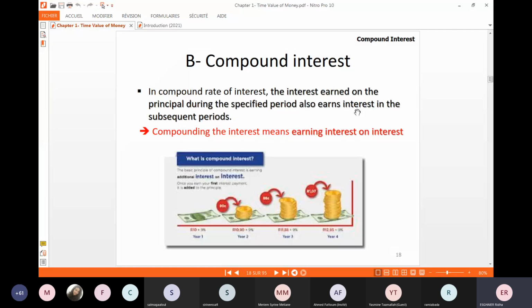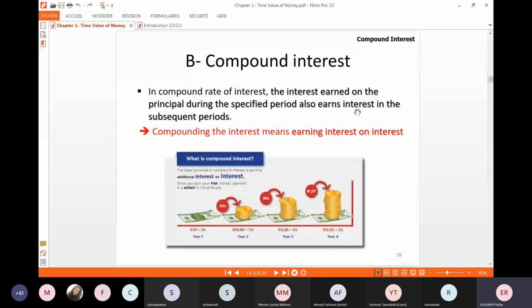When we use the simple interest, as I said, we compute the interest on the basis of the original amount only. But if we use the compound interest principle, we compute the interest on the original amount invested as well as any previous interest earned.